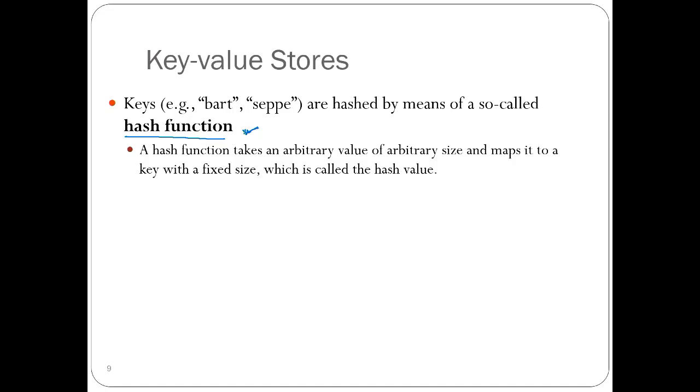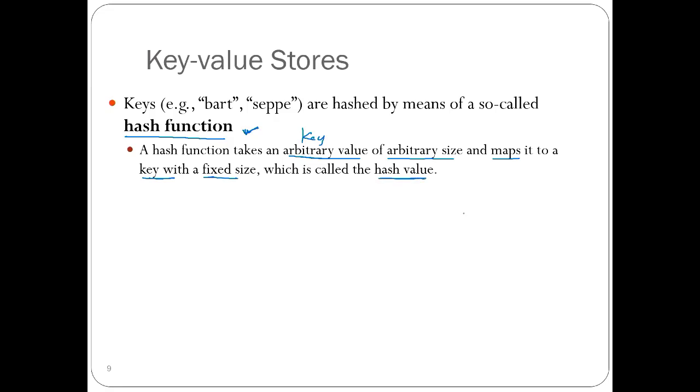Hash function is very, very important in these kinds of storage, because once you have a key, like the key is the name of the people here, what our hash function will do is take the key, which is an arbitrary value of arbitrary size, and map that to a key with fixed size, which is called the hash value, right.